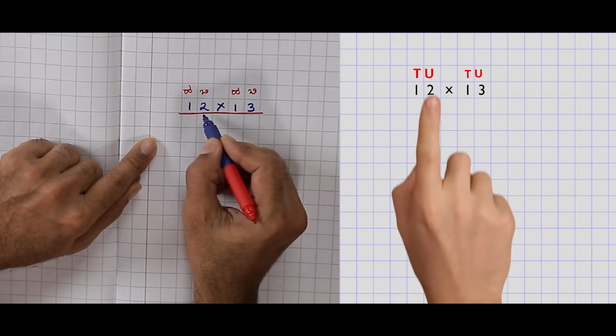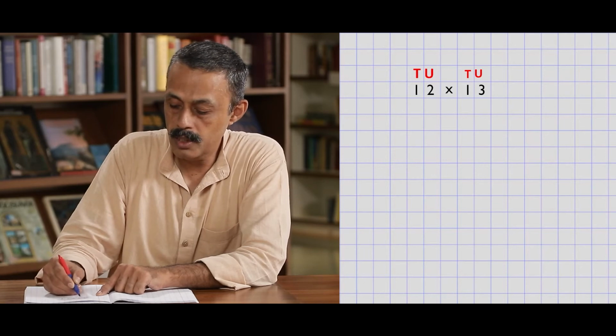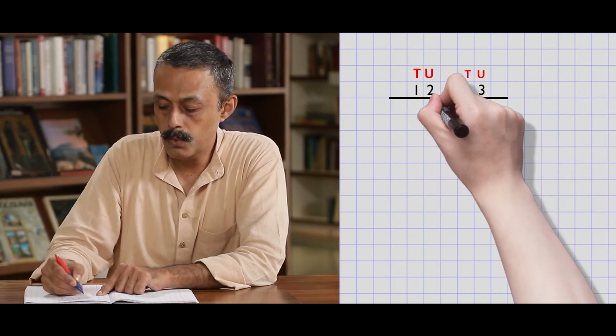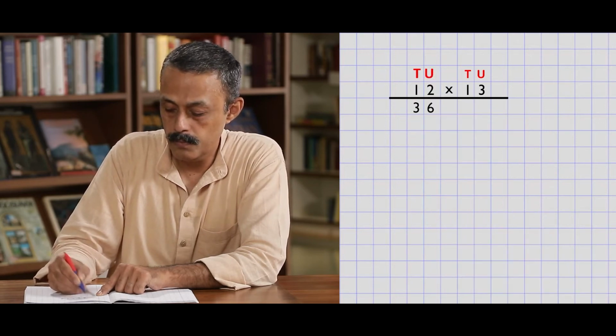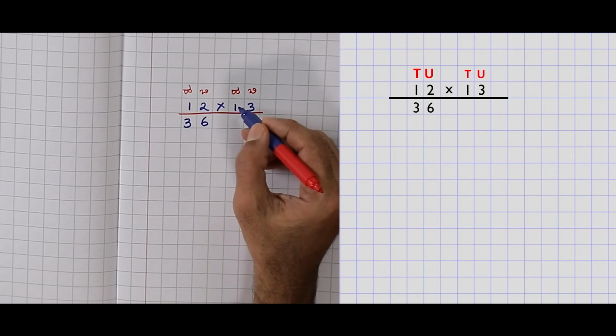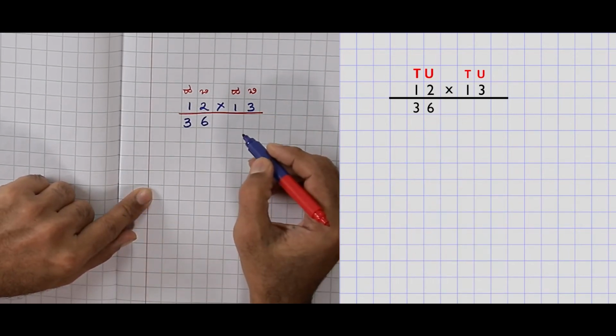First, we have to multiply the unit to unit. 3 2s are 6 and 3 1s are 3. This is easy. Now, I will multiply from the tens position. Tens position to the units position.